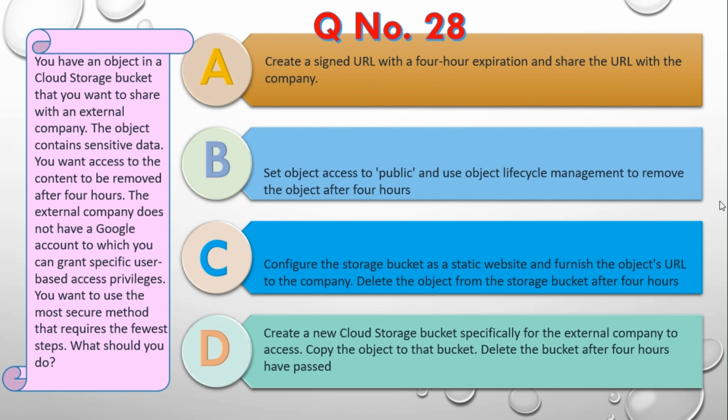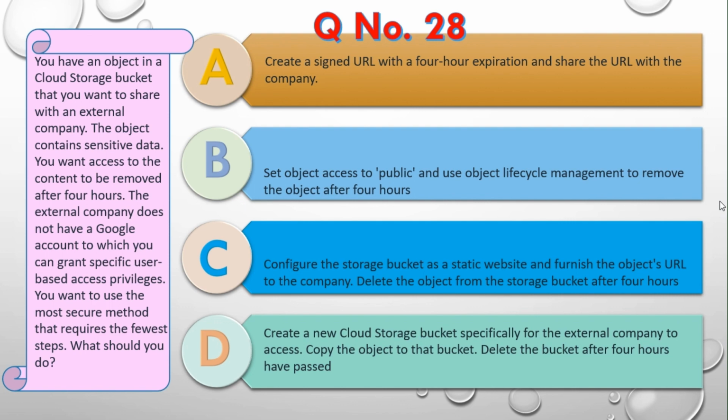A. Create a signed URL with a 4-hour expiration and share the URL with the company. B. Set object access to public and use object lifecycle management to remove the object after 4 hours. C. Configure the storage bucket as a static website and furnish the object's URL to the company.